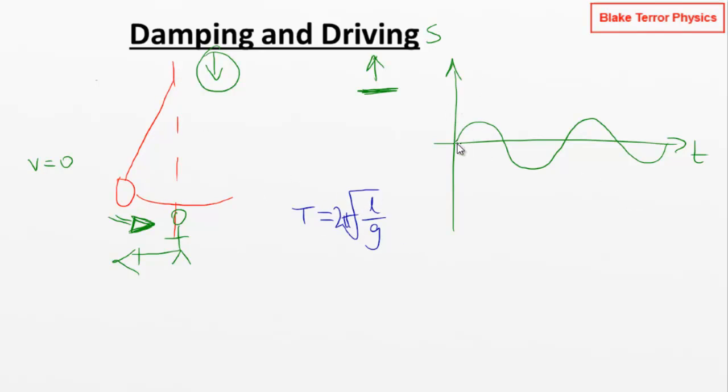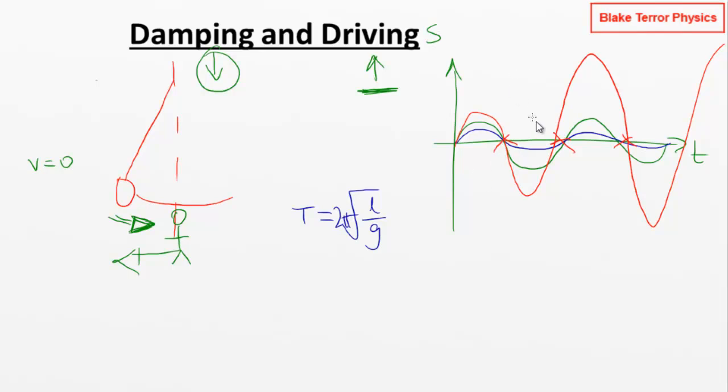So the frequency isn't going to change. But if we're damping it, the amplitude is going to decrease and decrease. And if we're driving it, then it's going to get bigger and bigger and bigger. But these are all meant to be intersecting at the same point all the way along. This is the same frequency. So we've got one amplitude going outwards and we've got one amplitude going inwards, increasing, reducing. So that's all we've got with damping and driving.